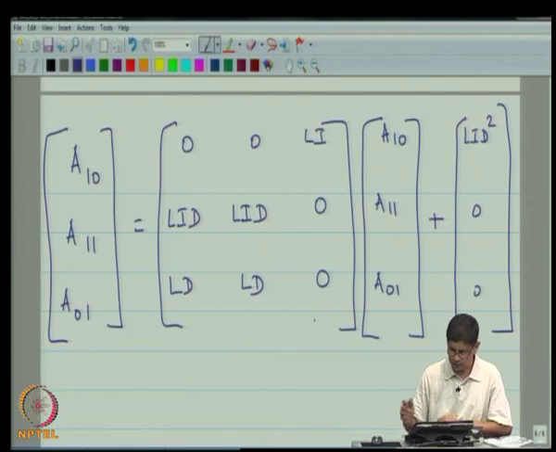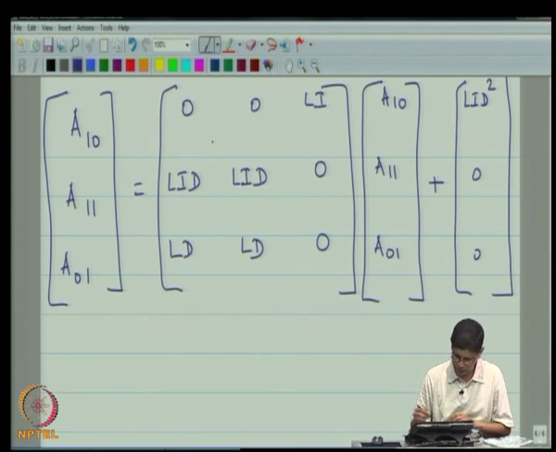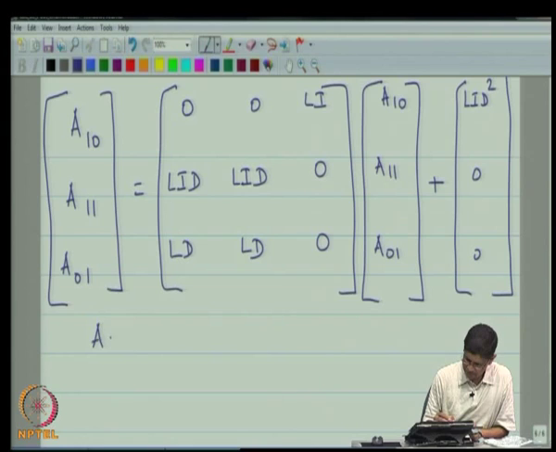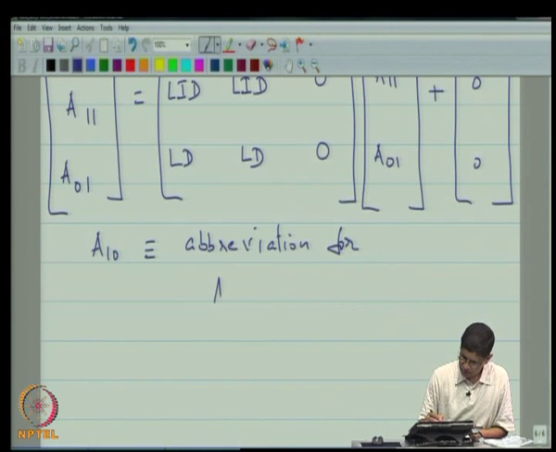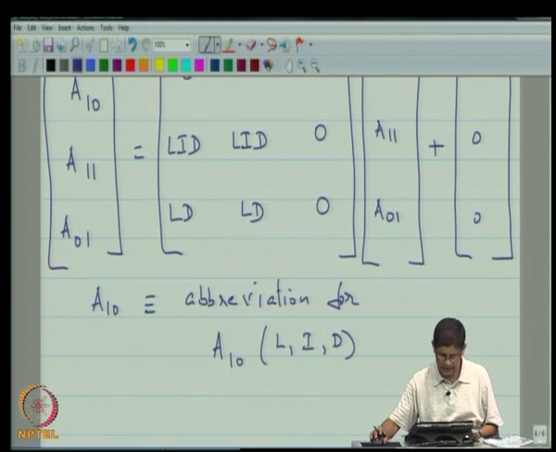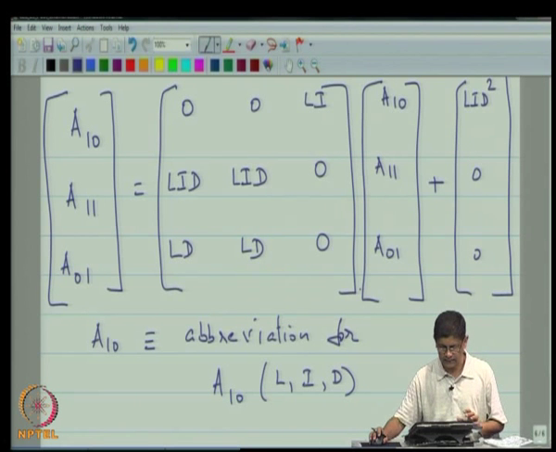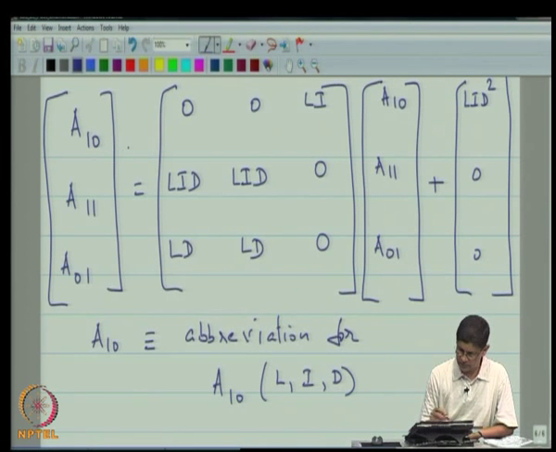So let us see if I can explain this for you. By the way, I guess it should be obvious, but when I write A10, this is just an abbreviation for A10 of L, I, D. All of these are generating functions on both sides, and we are just saying that the generating functions are interrelated. So, A10 is LI times A01 plus LID squared. Okay. So, let us try to remember that A10 is LI times A01 plus LID squared.